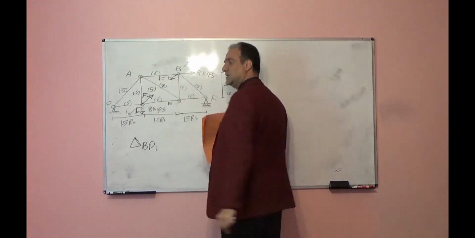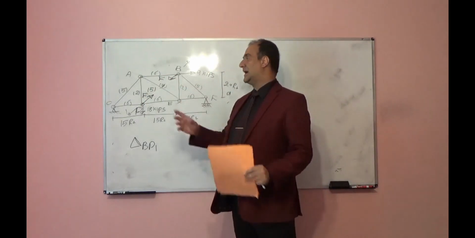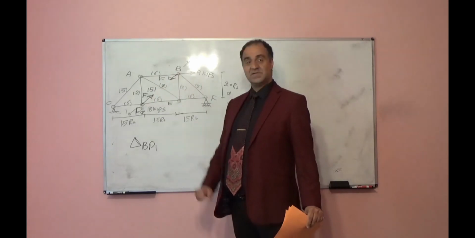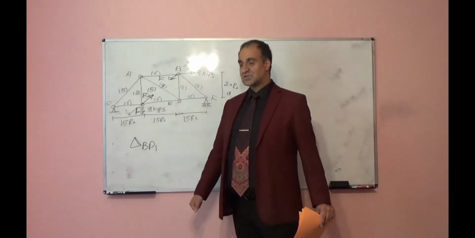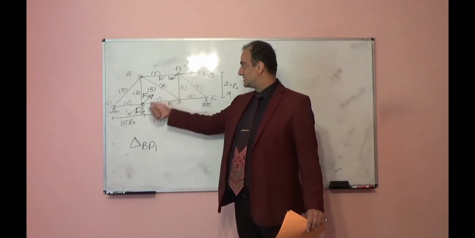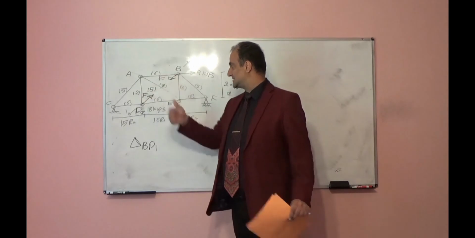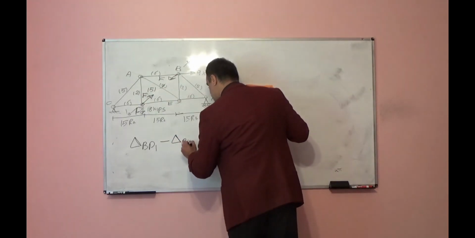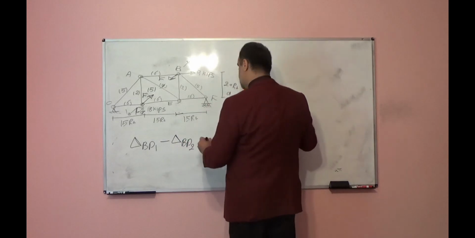How much is F? We don't know that, but we can apply it as an unknown F. We will apply this F here in that member direction. Again, we will calculate the relative displacement of B with respect to D under this F. That will be delta BD2.